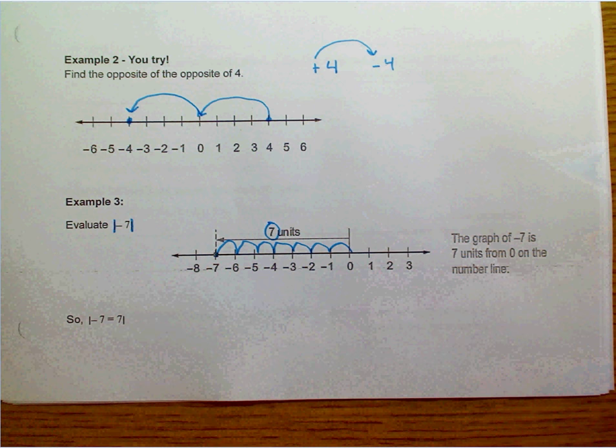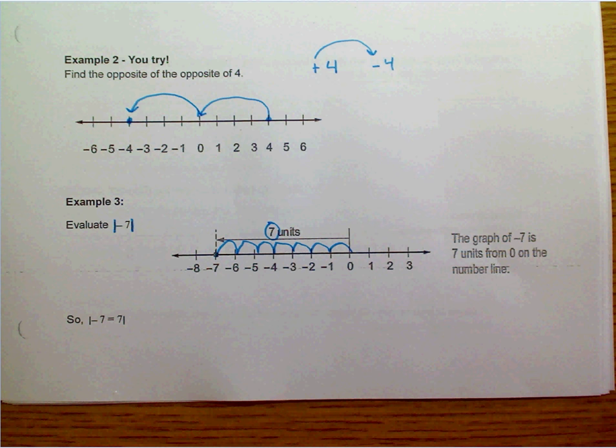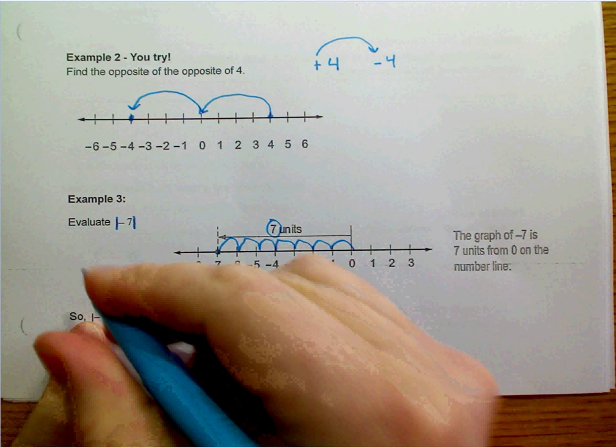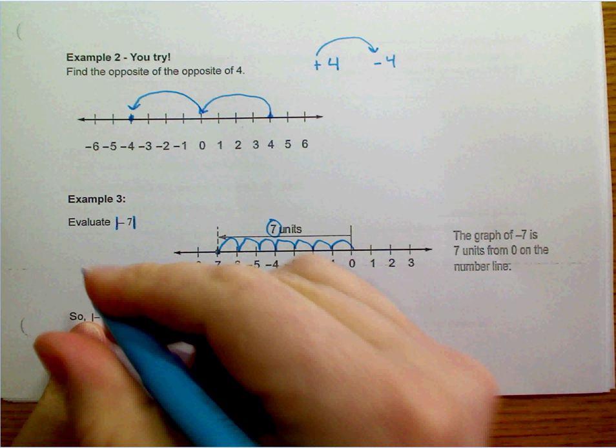So no matter if absolute value has a negative number or a positive number, it's not the opposite. It is its distance from 0. And distance is measured in positive feet. So the absolute value of -7 equals 7 because it is the distance from 0.